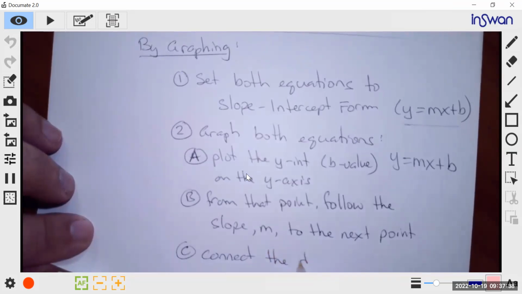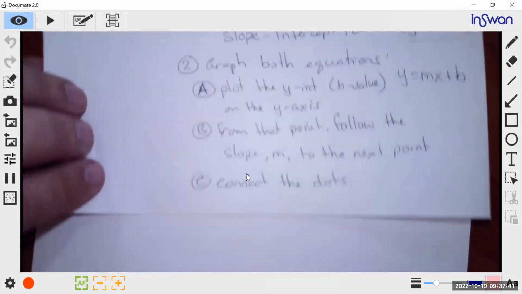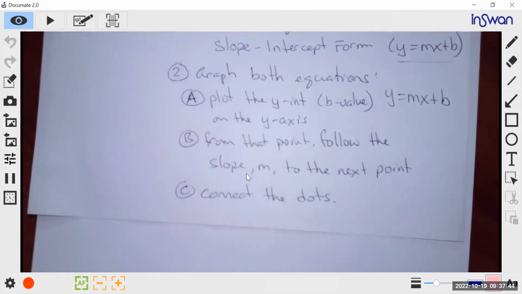Connect the dots. This is the method we've been using ever since we learned how to draw graphs.